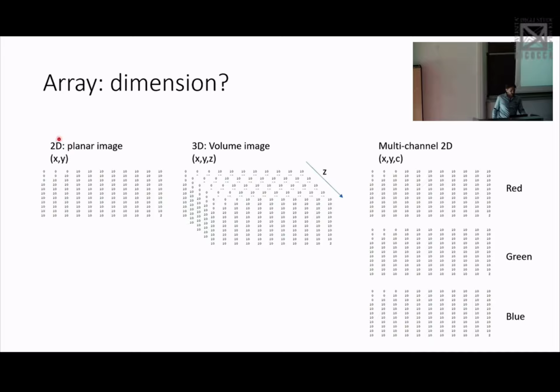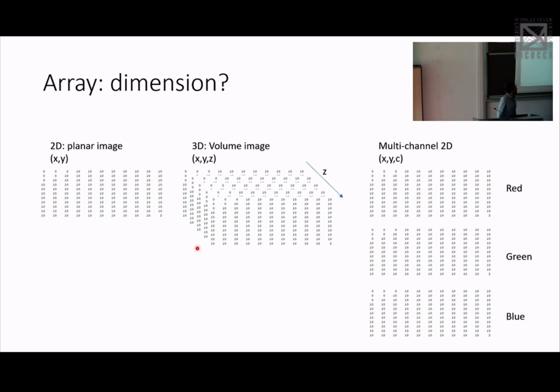When you have pictures, let's say, you have a 2D planar image, which has 2 dimensions, x and y. And actually, when it's a picture taken from your camera, it's the number of pixels along the x axis, the number of pixels along the y axis, and 3, which is the number of channels: red, green, and blue.